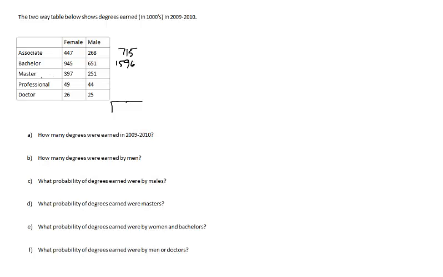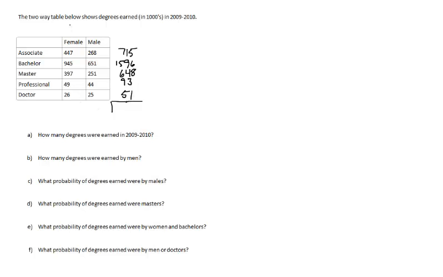For master's degrees, 397 plus 251 is 648. For professional degrees, 49 plus 44 is 93. And for doctorate degrees, 26 and 25 gives us 51.